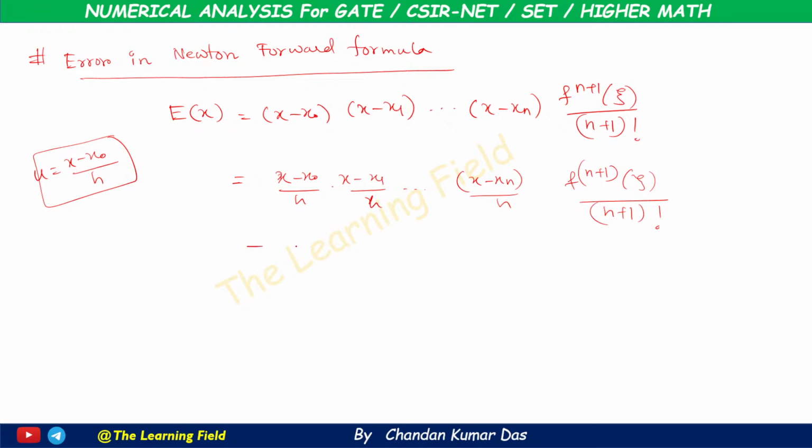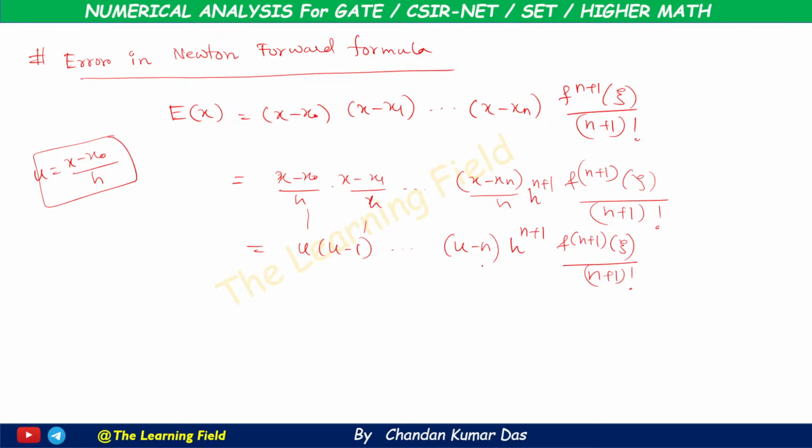So we can write u into (u minus 1), and so on, up to (u minus n), into h to the power n plus 1, f^(n+1)(xi) by (n plus 1) factorial.